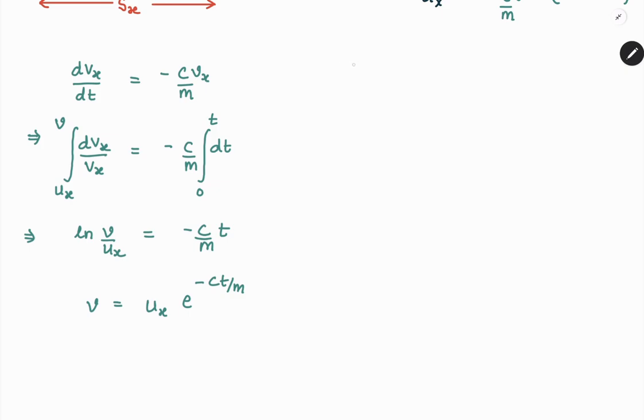Now we need to solve for displacement. If we write v as ds by dt, the displacement along x with time dt, then we can write it as ux e to the power minus ct by m.